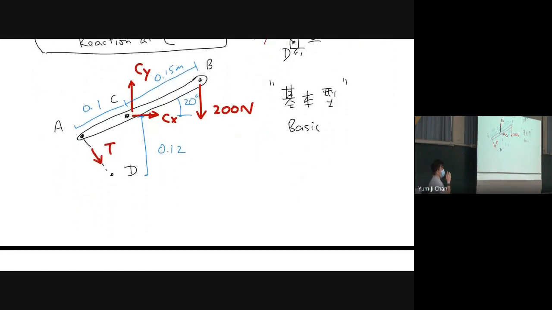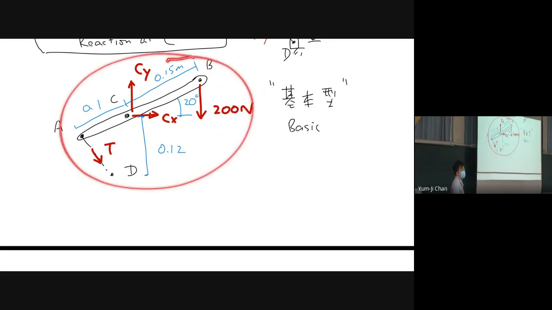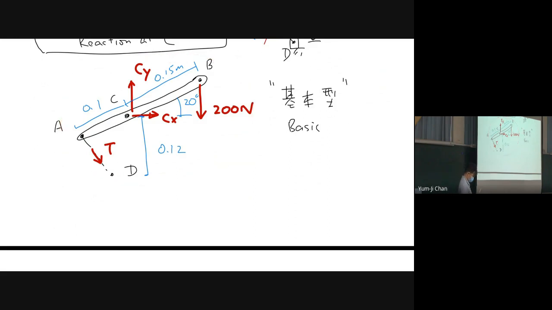But we have another way of doing it as well. Of course, from here, how many unknowns do we have? How many?